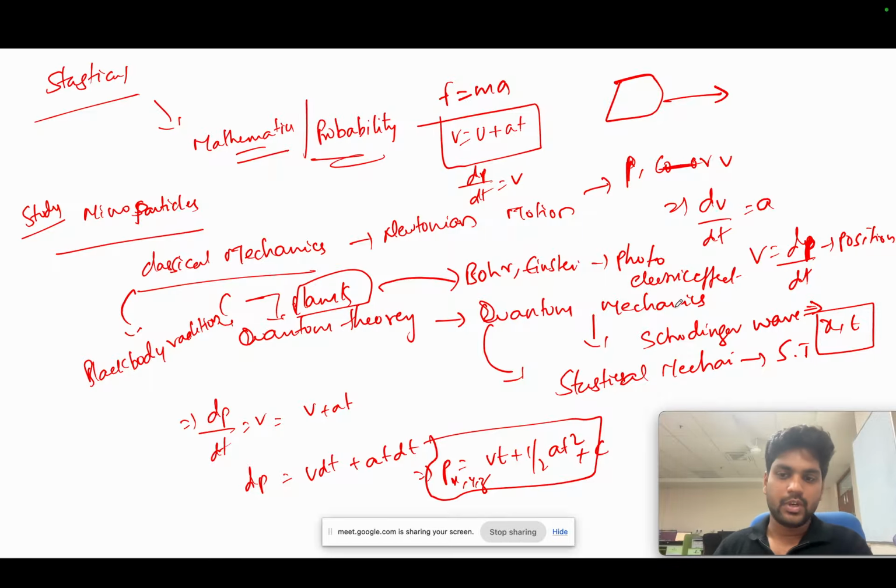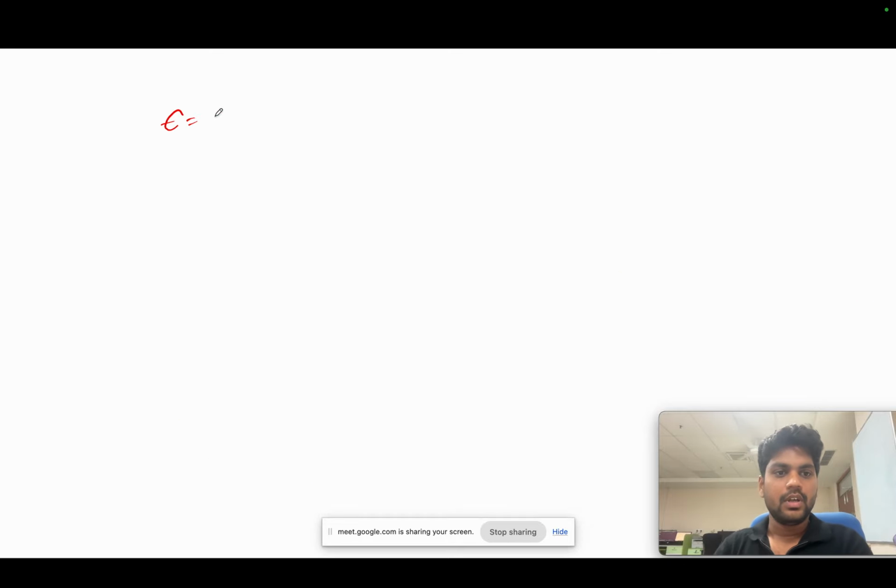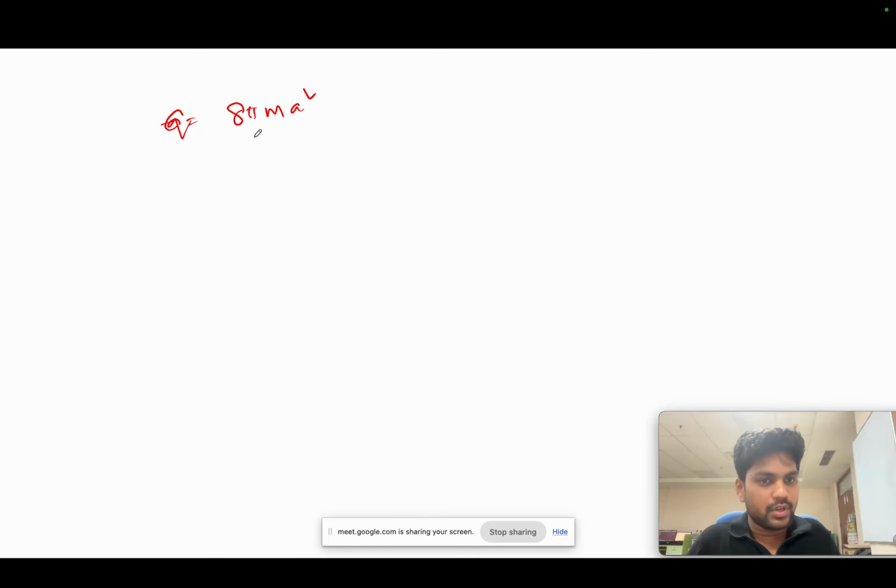For now, if you remember in the class, sir mentioned the formula for the partition function, q equal to 8 pi m k T a square by h square.